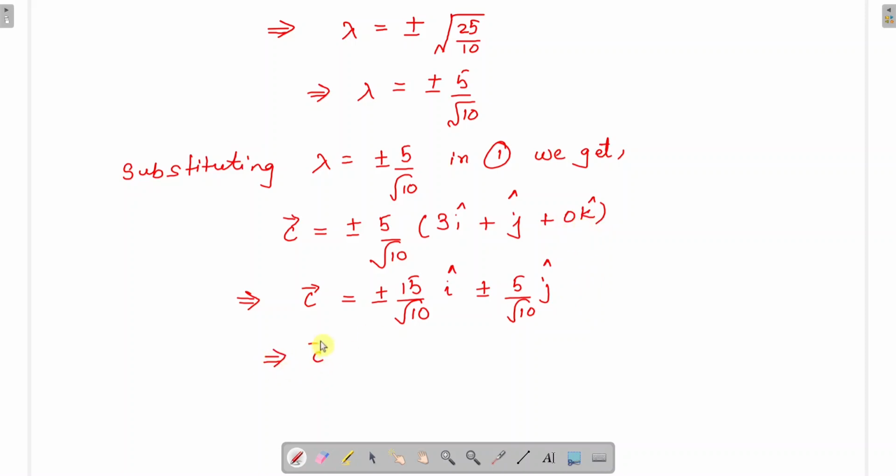So this implies c bar is equal to plus or minus 15 by root 10. Now we will rationalize the denominator, so we will multiply and divide by root 10. So root 10 by root 10 i cap plus 5 by root 10, here also we will rationalize the denominator, so root 10 by root 10 j cap.